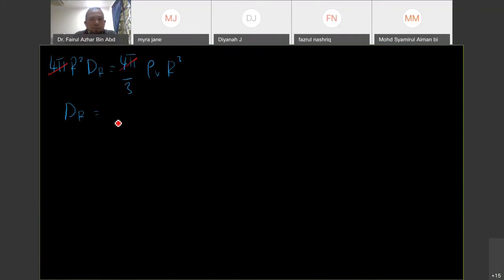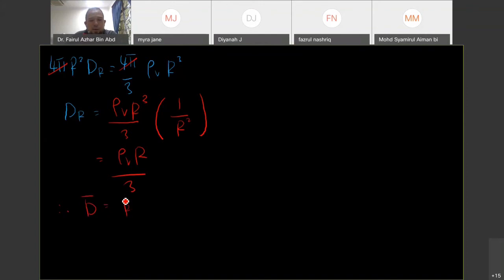So we have rho v r cubed divided by 3, multiplied by 1 over r squared, giving rho v r divided by 3. Therefore the vector D is equal to r cap, rho v r divided by 3, coulomb per meter square. This is for the area where r is less than or equal to a.